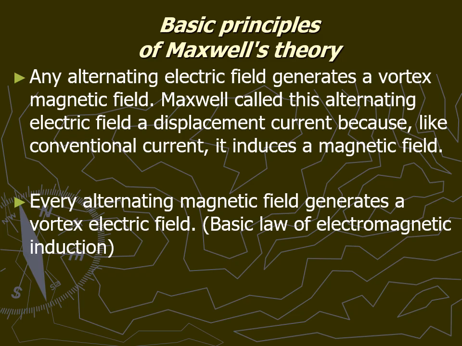We have already dealt with this. The second position is the law of electromagnetic induction: every alternating magnetic field generates a vortex electric field. In other words, based on these relations, from the facts that we have considered, we can conclude that there is no single matter where an alternating electric and magnetic field are interconnected.